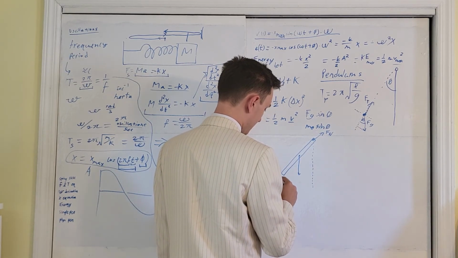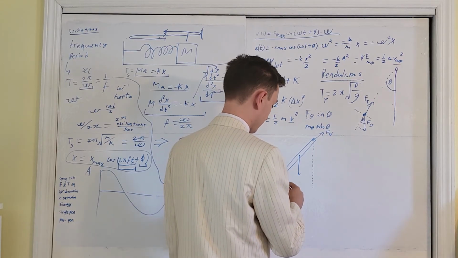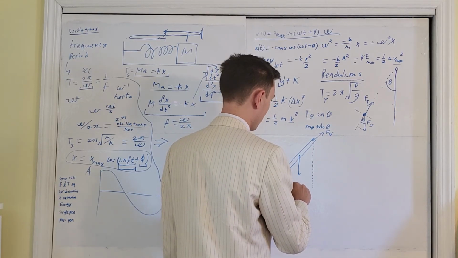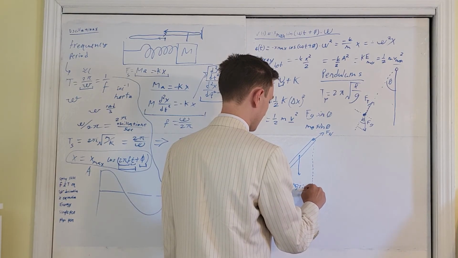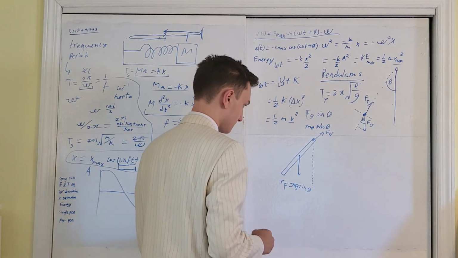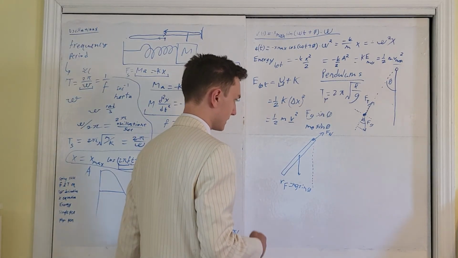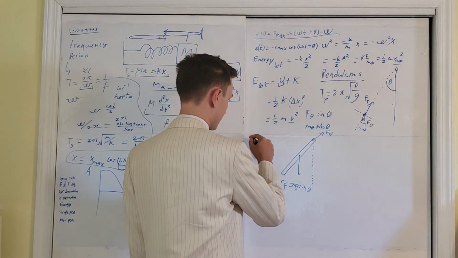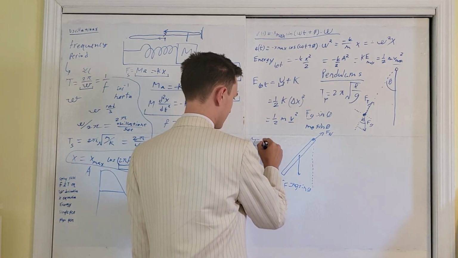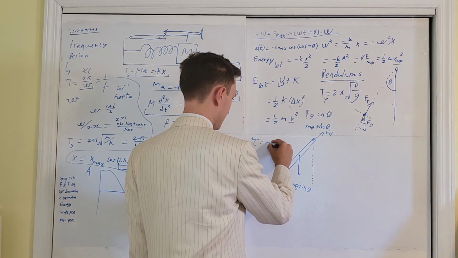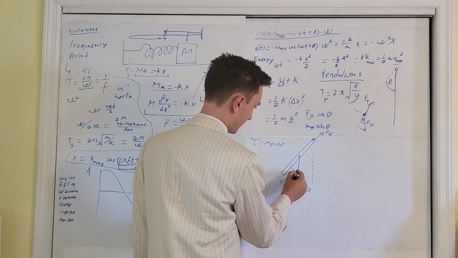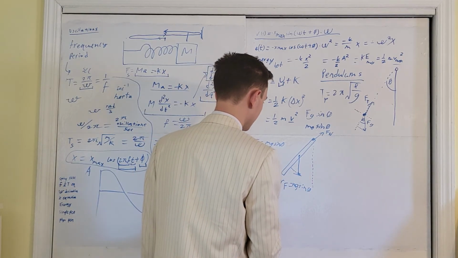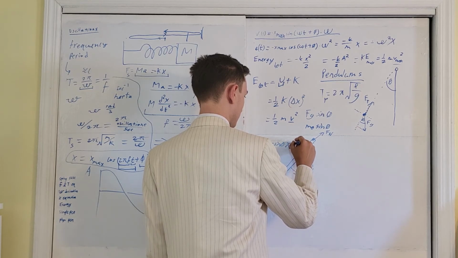So again, I would say that my restoring force in this case would equal mg sine theta. However, in this case, I'm not considering restoring force, I'm dealing with rotational motion. I need to consider restoring torque, which is going to equal my restoring force, mg sine theta, which is going to be in this direction, as derived, crossed with the radius vector.